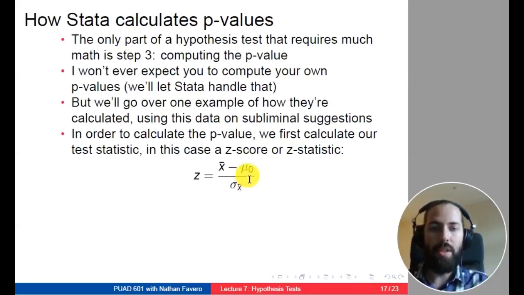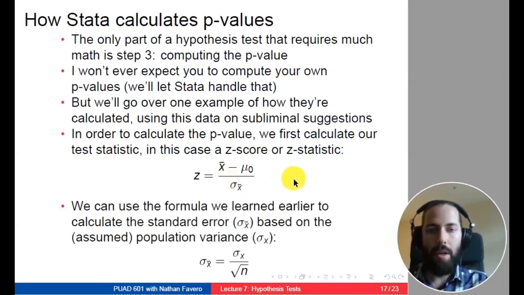In other words, we're going to substitute in 50 here, what our null hypothesis said the population mean should be. And we're going to divide by the standard error, which is a measure, again, of how precise our estimate of the mean is in our sample, which is what's going to be right there. So that's how we're going to create the z-score.